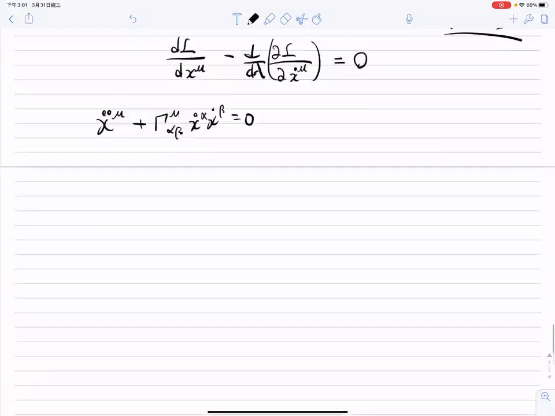And for the line element, you have to write down the ds squared, right? It would be g alpha beta, something like this.